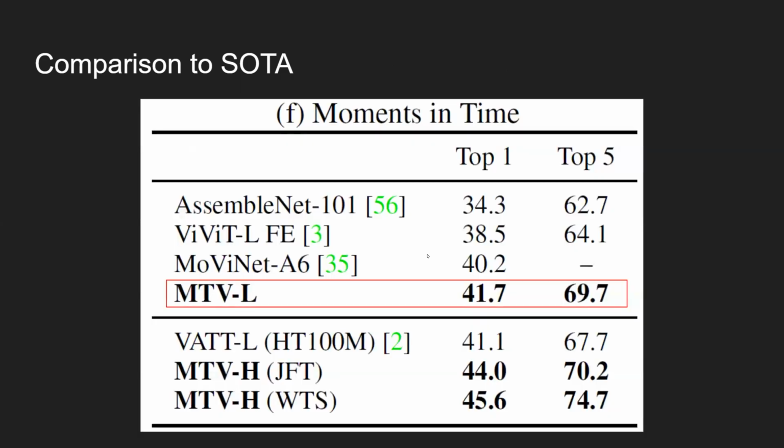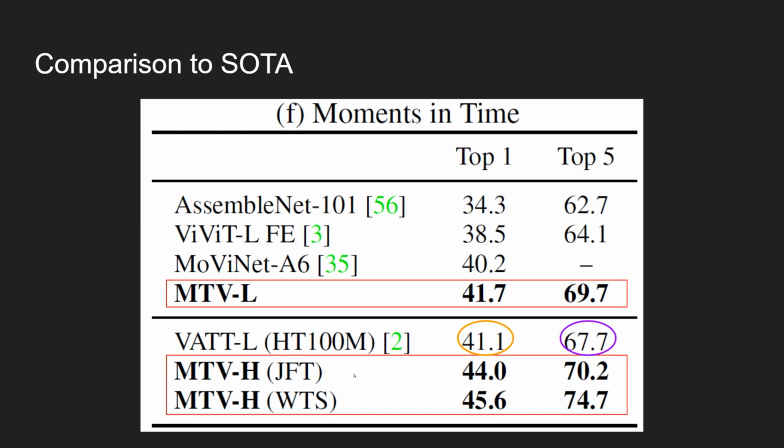So now in the Moments in Time dataset, one thing we need to notice is that MTV-L has achieved an accuracy of 41.7% in the top one accuracy, which is more than the ViViT-L, which had been pre-trained on a 100 million data set. And not only in the top one, in the top 5 also we can see similar behavior.